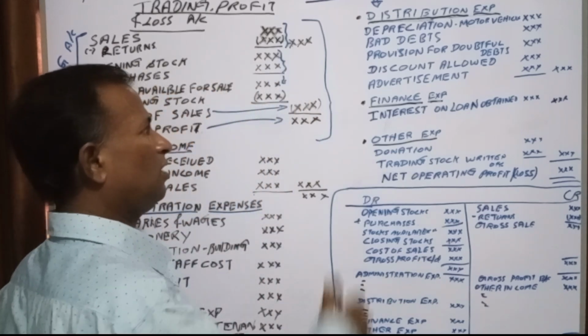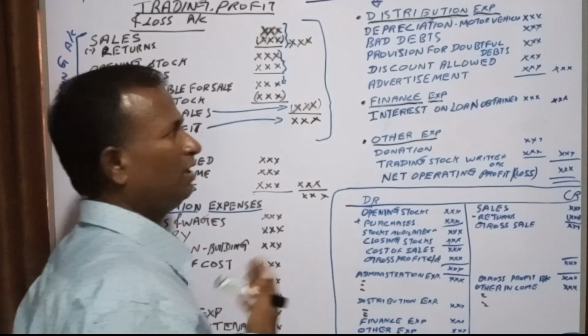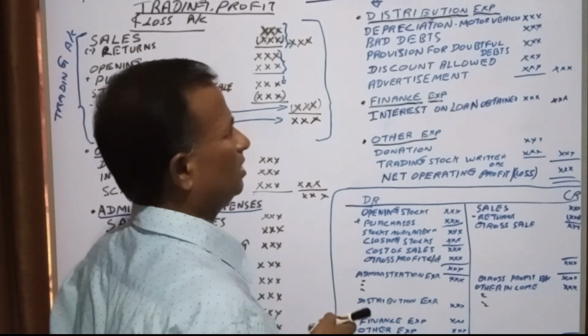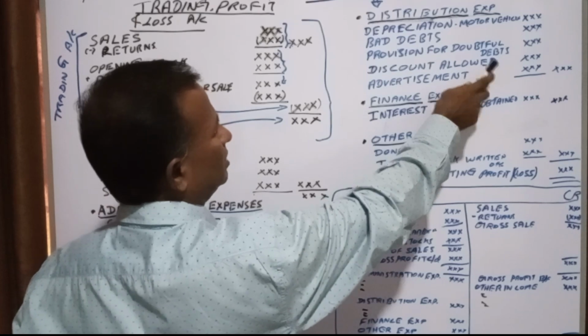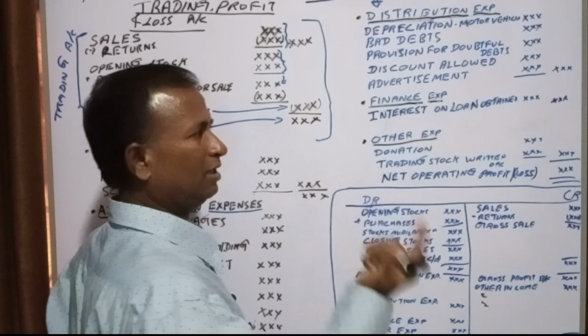Another item is discount allowed. If you are giving a discount to customers on sales, that discount allowed is shown under the distribution expenses, because it relates to sales.